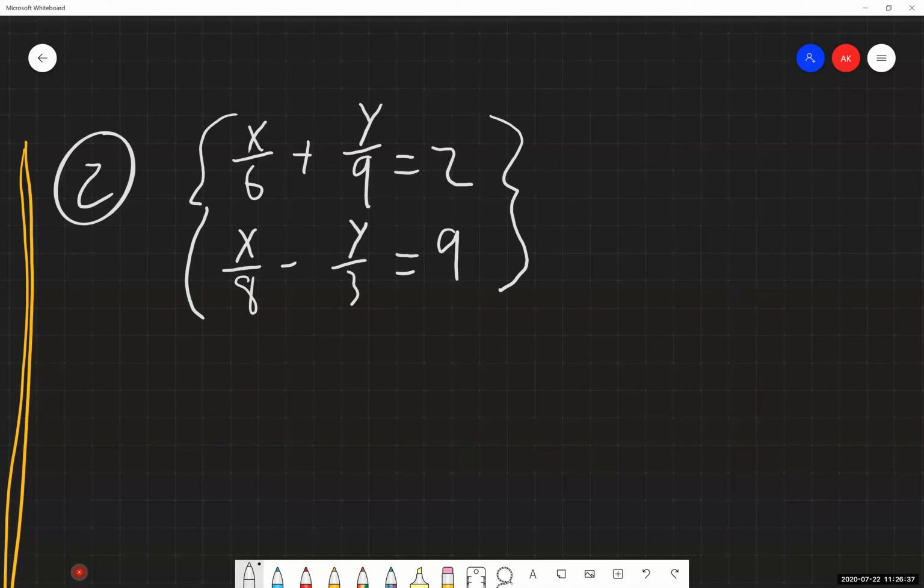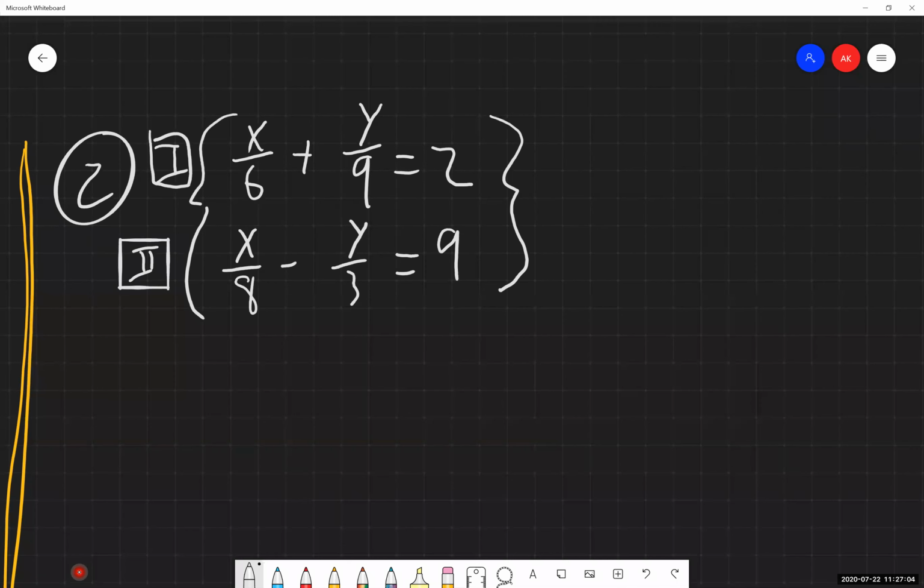So the question becomes, how do we eliminate these fractions? We're actually going to use the method that we used all the way back in chapter 2, I think it was, solving equations with fractions showing up in there. So what we're going to do is take each equation and multiply them by their respective lowest common denominator for all the terms.